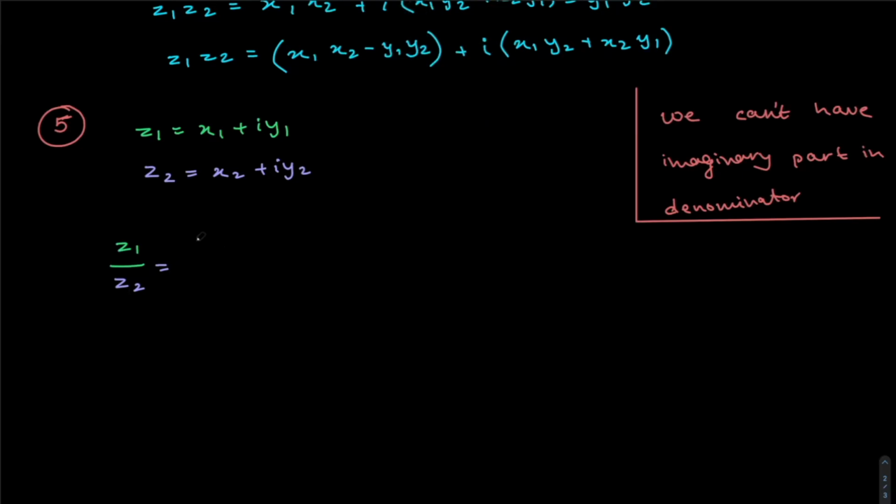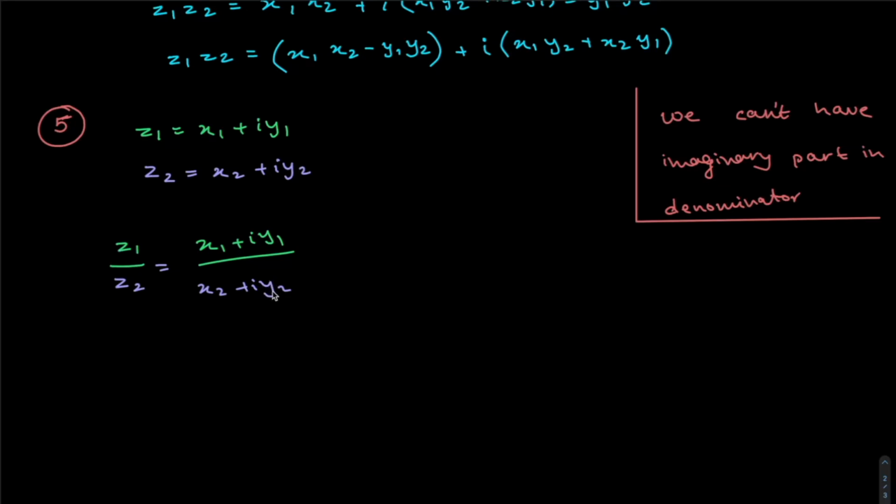We would have x1 plus iy1 over x2 plus iy2, right? Now remember, we can't have any imaginary part in the denominator. So if we can't have any imaginary part in the denominator, what is the only solution? How will we get rid of it?